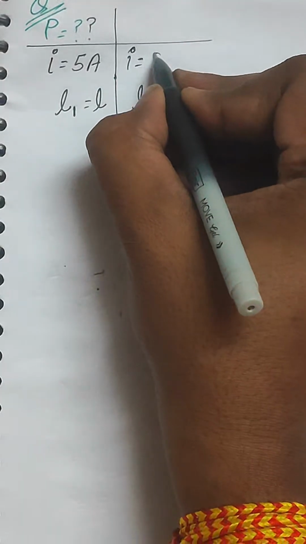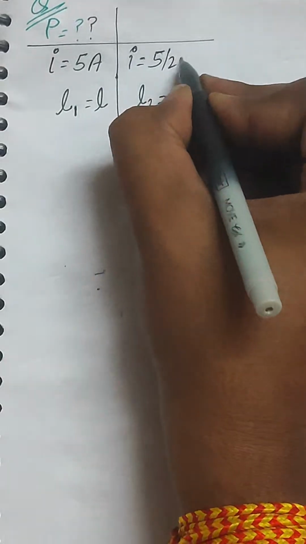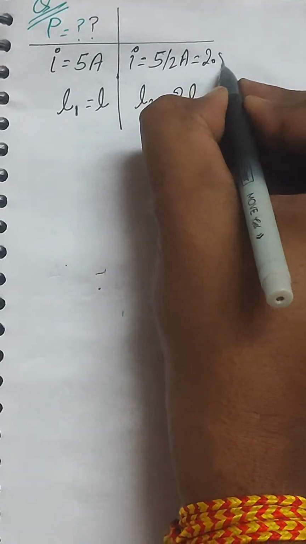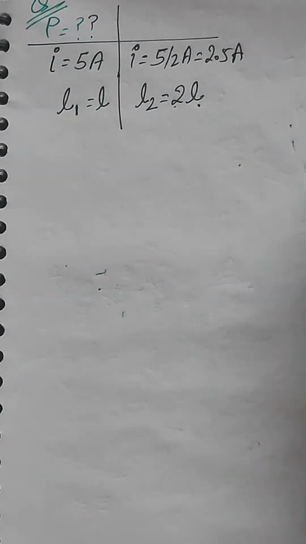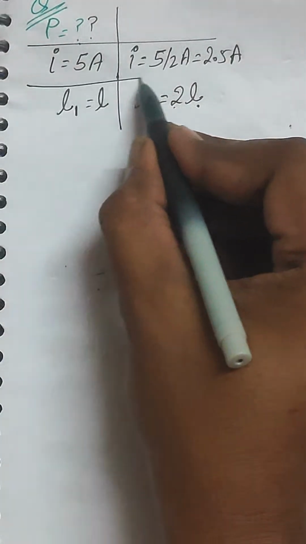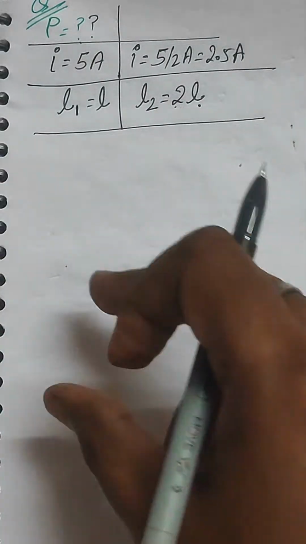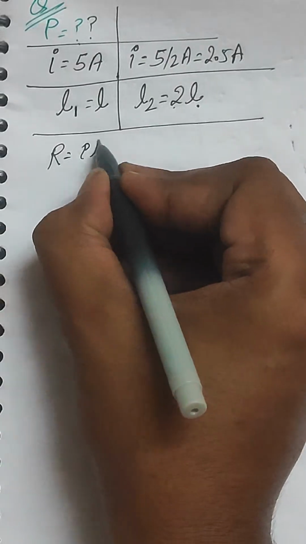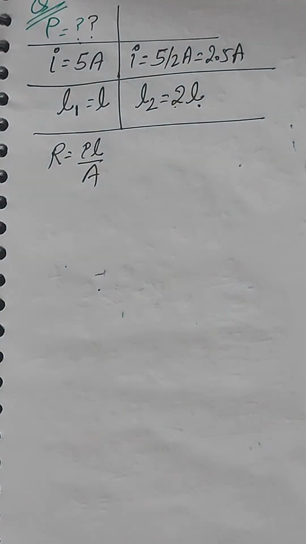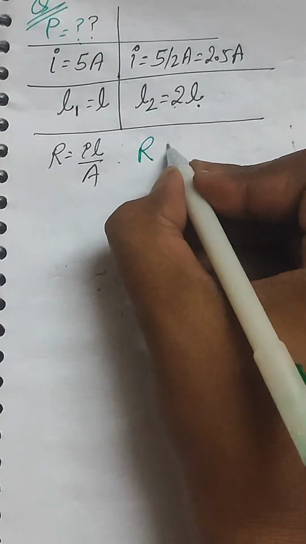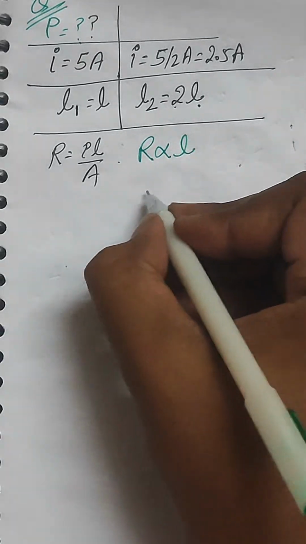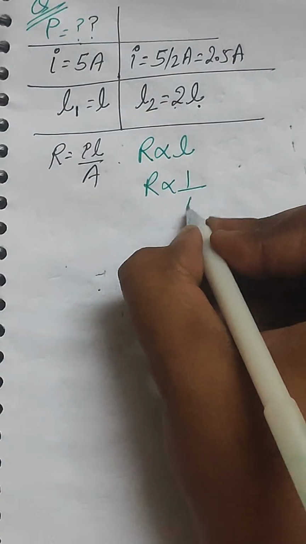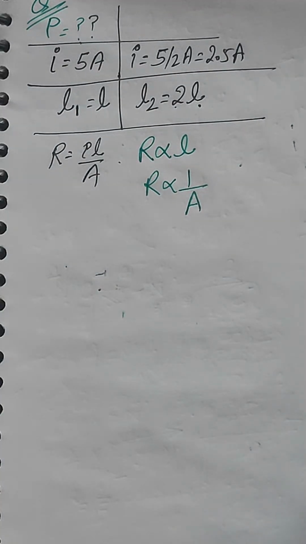That means the I becomes 5 by 2 ampere, that means 2.5 ampere. This is given to you in the question. Now what is the reason behind it, and what is the resistivity that we need to calculate? The reason we have already discussed and shown in the table earlier: since R is equal to rho L by A, R is proportional to L and R is inversely proportional to the area of the cross section.